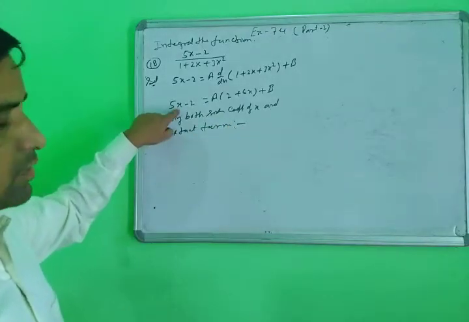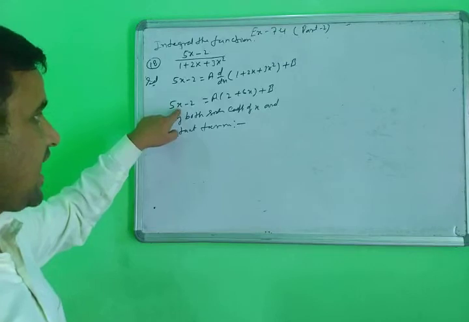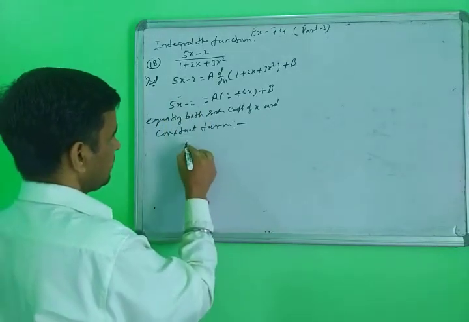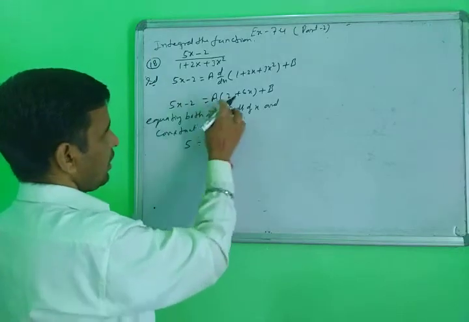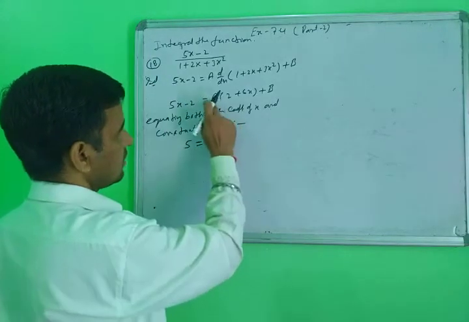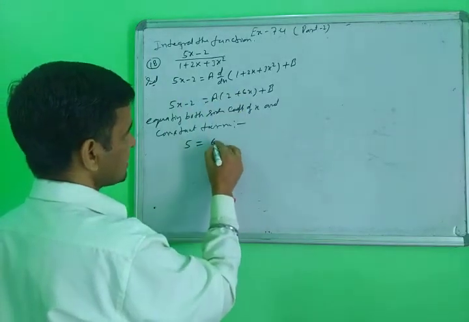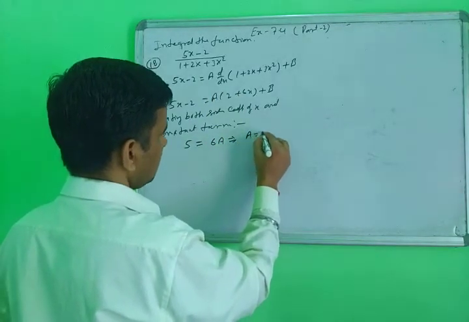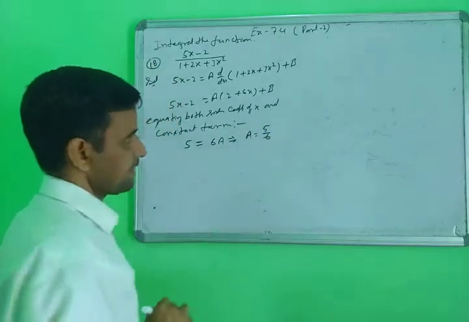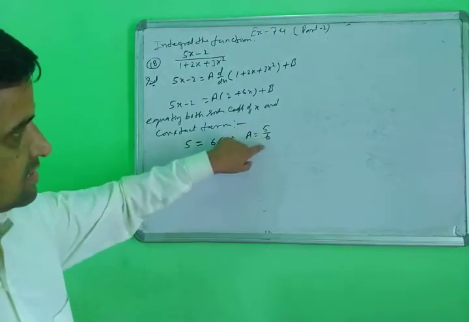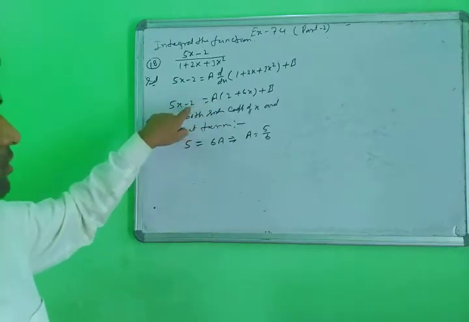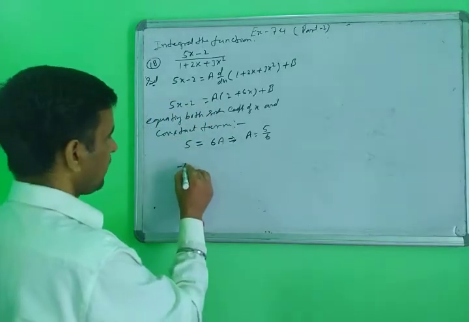First, the coefficient of x: here the coefficient of x is 5, and on the other side, when you multiply, it is 6a. What result comes? a equals 5 by 6. Again, the constant term: what is the constant term here? Minus 2.